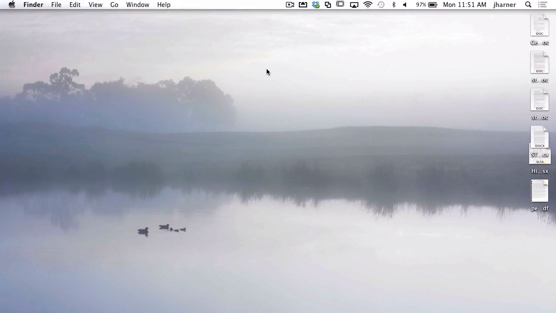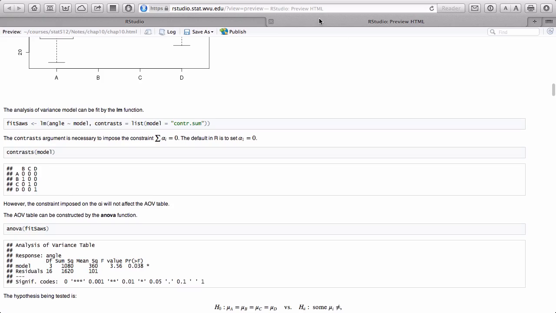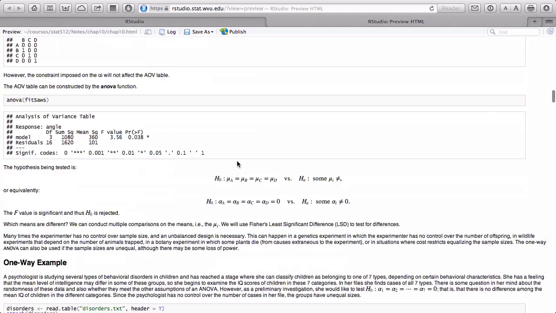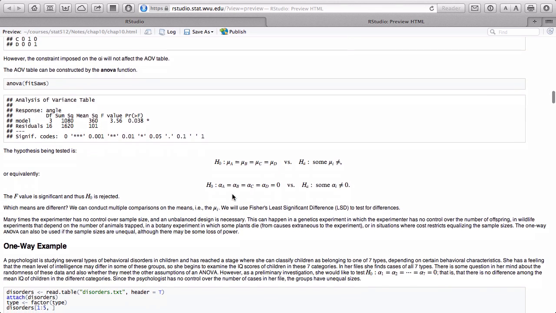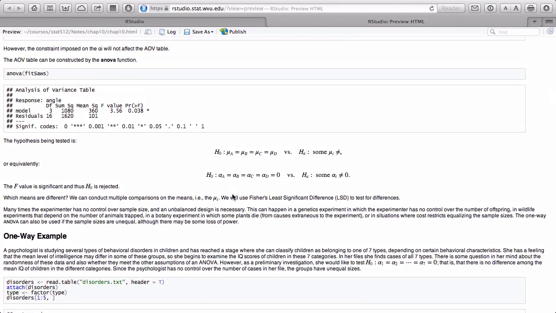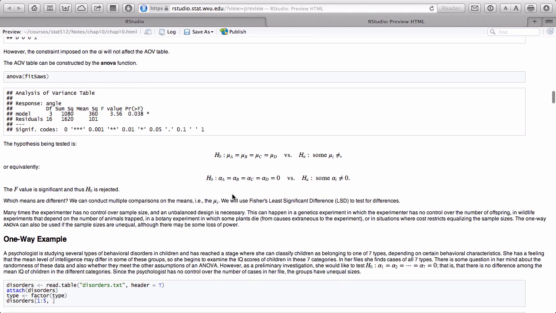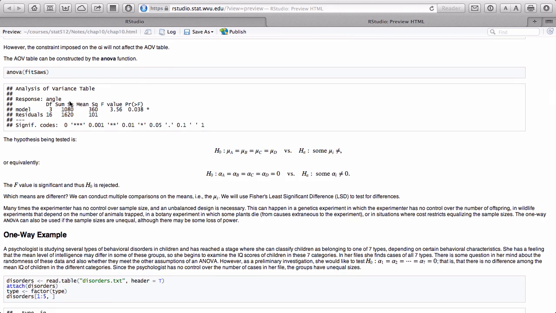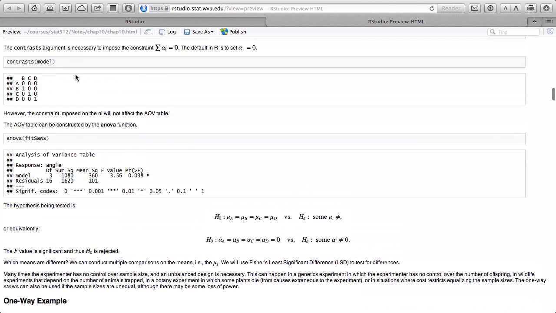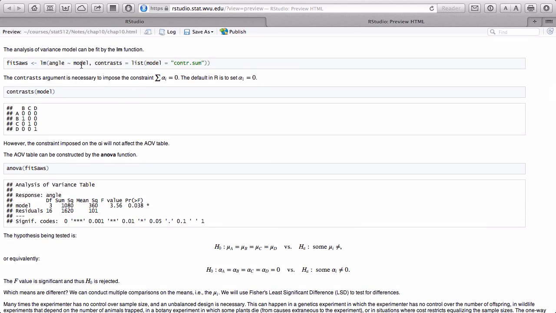So going back again, we've already gone through this. When I get to the point that we're doing something different, I'll go back to the other slide. If I'm doing the overall test, once I get fit.sols from an lm, so using lm. Now, by the way, there is a function called aov. And you may wonder why I don't use it.